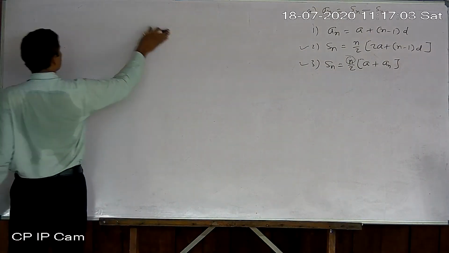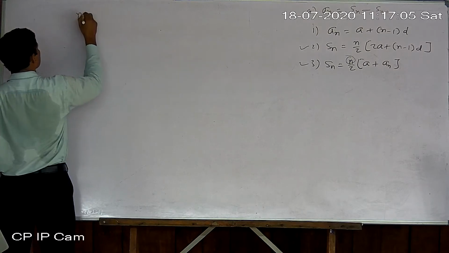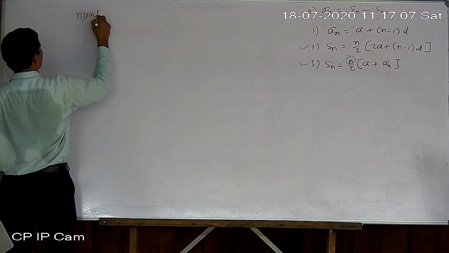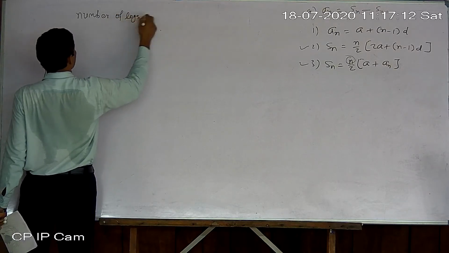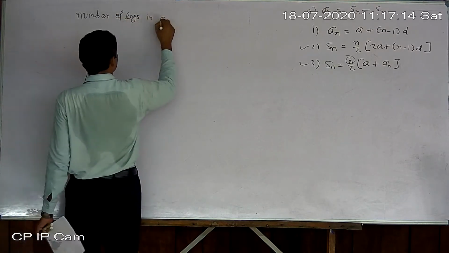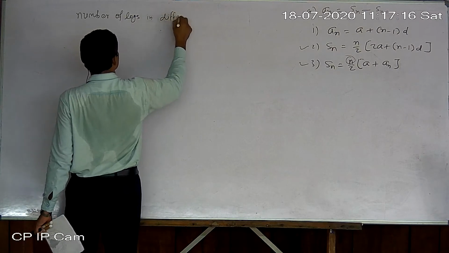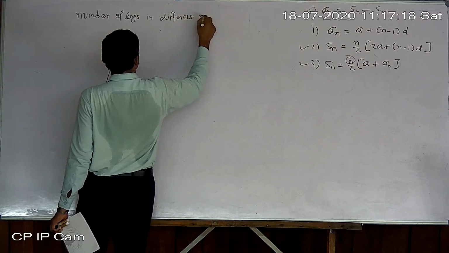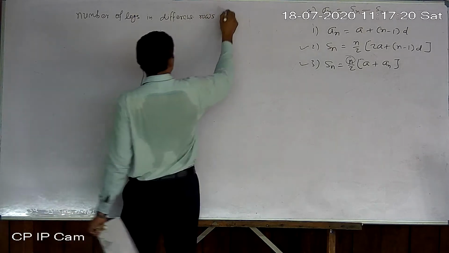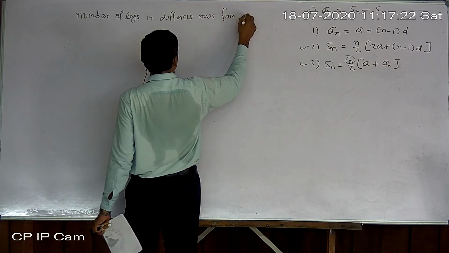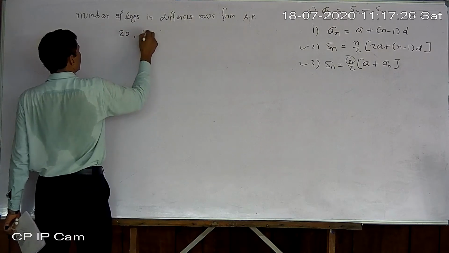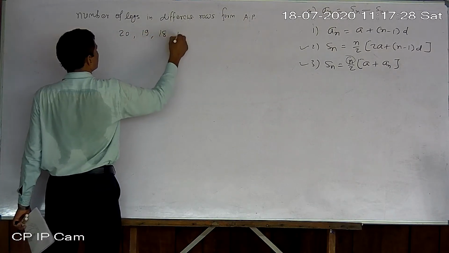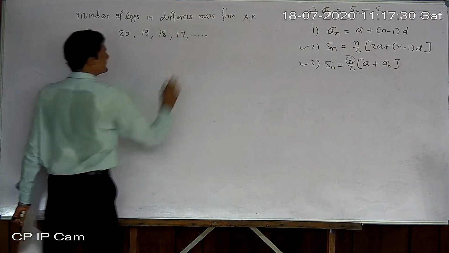So first of all, the AP is found, and the number of logs in different rows forms an AP: 20, 19, 18, 17, like this.